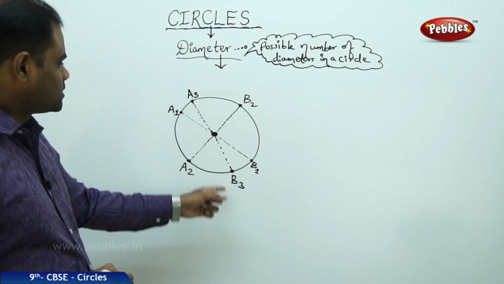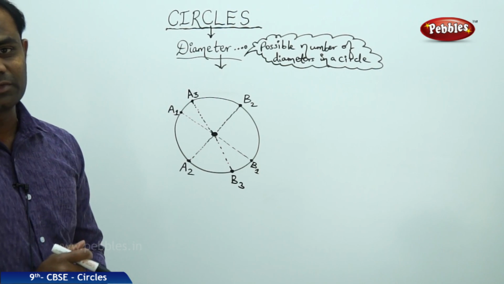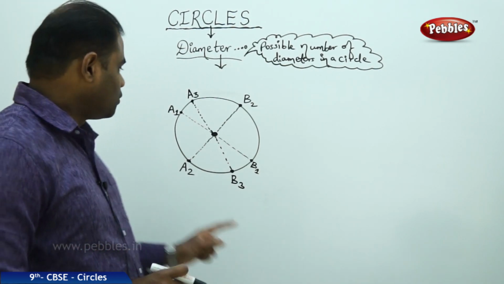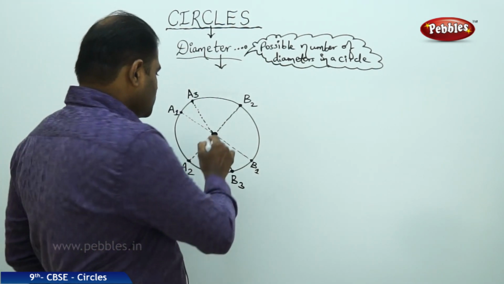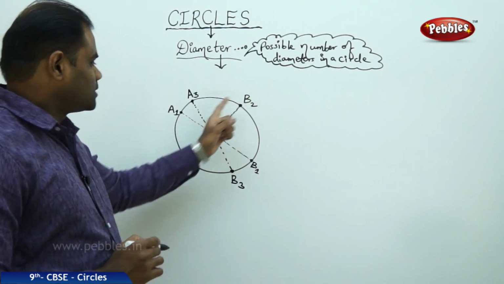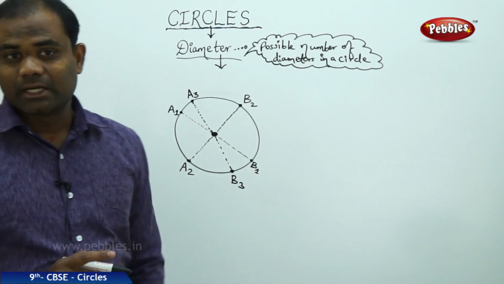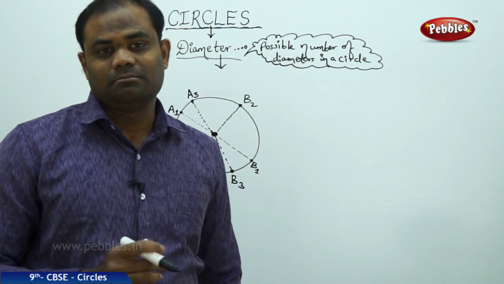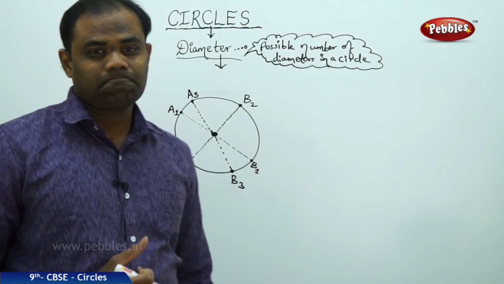So here is a different set of lines taken into consideration, but interestingly all three lines are passing through the center of the circle. That means all the three lines as drawn here, the dotted lines, are the diameters for the circle by definition of diameter.